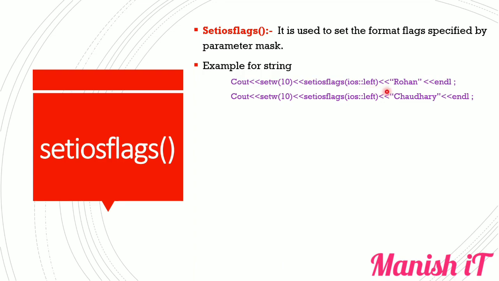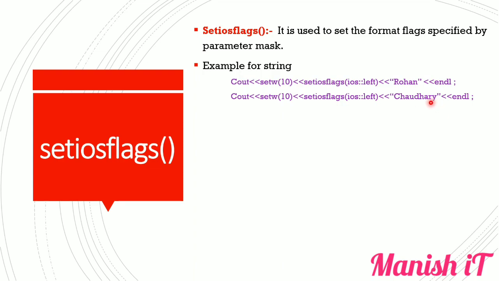I already discussed the left manipulator and what left means. Once again I want to tell you, left means it adjusts output to the left side. So I want to print Rohan, so it is printing Rohan. Next line comes cout setw 10 and setiosflags, once again ios colon colon left, and here Chaudhary.